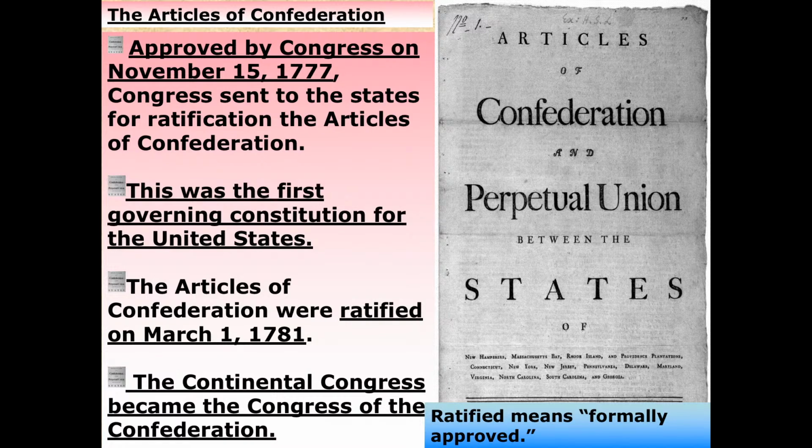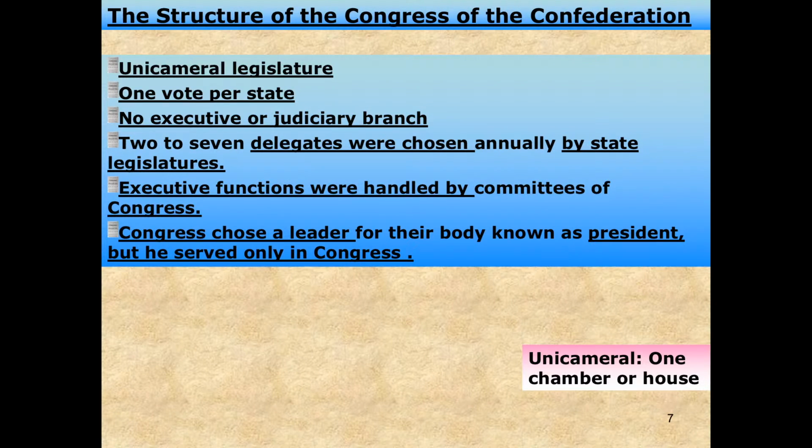So, let's go ahead and talk about the structure of the Articles of Confederation. So what we have here is pretty much a unicameral legislature, which means they only have one house of Congress.